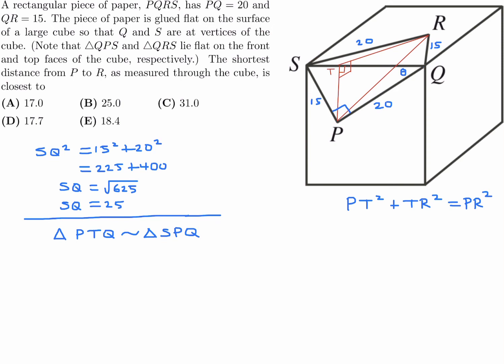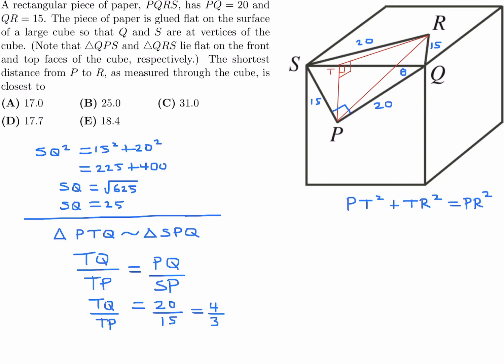So based on that, we can compare the sides. That means that TQ over TP is the same as PQ over SP. And PQ over SP, well, those have numerical values. It's 15 and 20. So that means TQ over TP is, in lowest terms, 4 over 3.